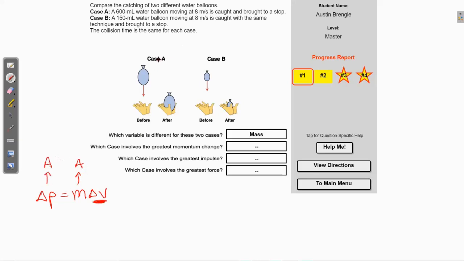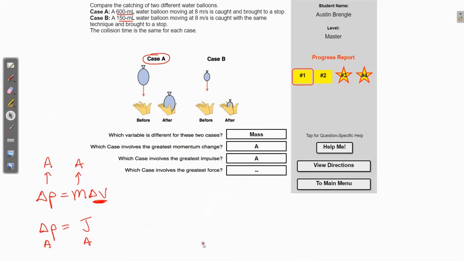It's harder to stop this one, case A, because it has 600 milliliters of water in it versus 150 milliliters of water in it. So greatest momentum change goes to case A. For greatest impulse, again, remember, change in momentum is equal to impulse. So if A has a greater change in momentum, then A also has a greater impulse.